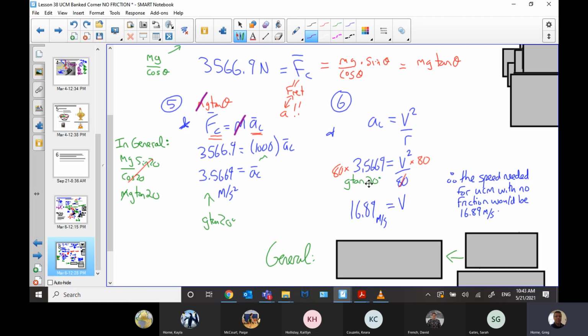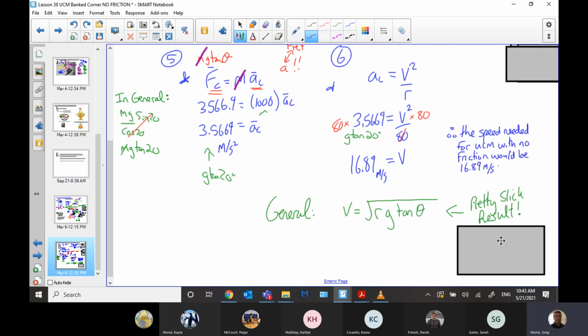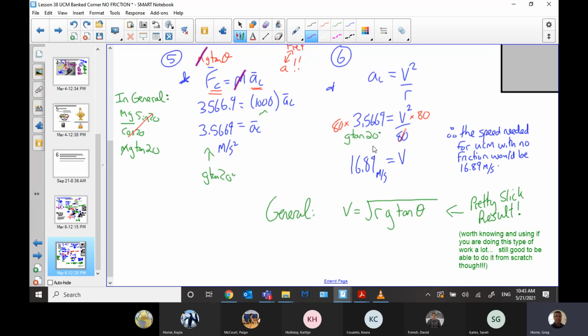The mass doesn't matter, right? G tan theta is that 3.5669, keep lots of decimals, multiply by 80, take the square root. You've got the speed would be 16.89 meters per second. In general, it'd be the square root of g tan theta times r. Think of the algebra you would do for solving this: multiply both sides by r, and then take the square root.